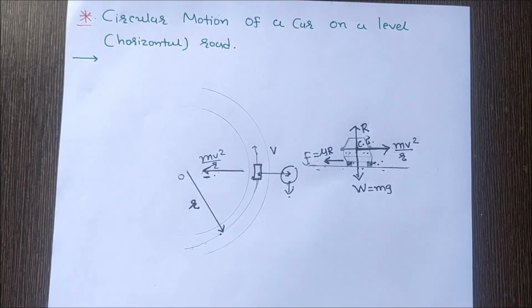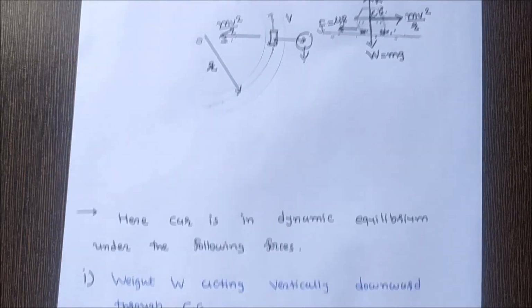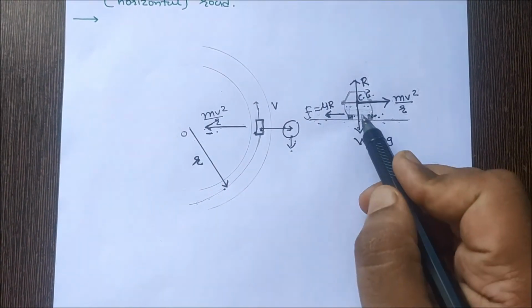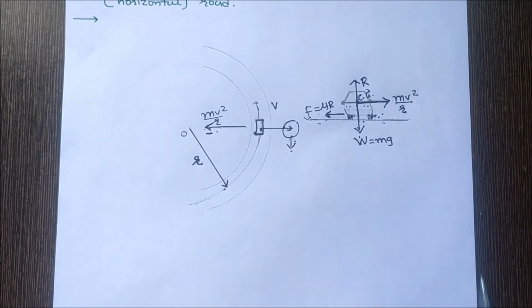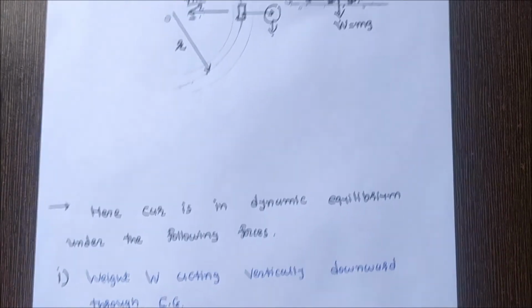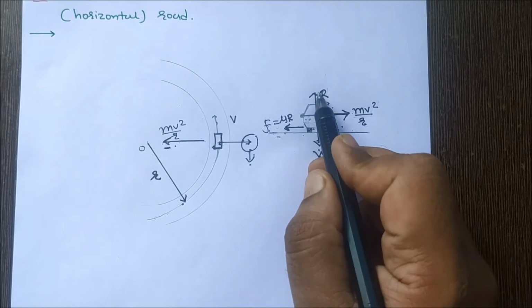So here, if we assume that the car is in dynamic equilibrium, then these four forces act on the car. First force is weight W, acting vertically downwards through the center of gravity. Second is the reaction by the road on the tire of the car, acting in the upward direction.